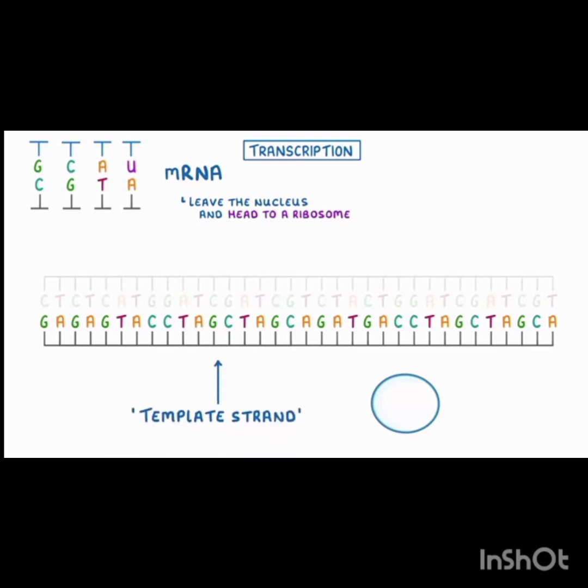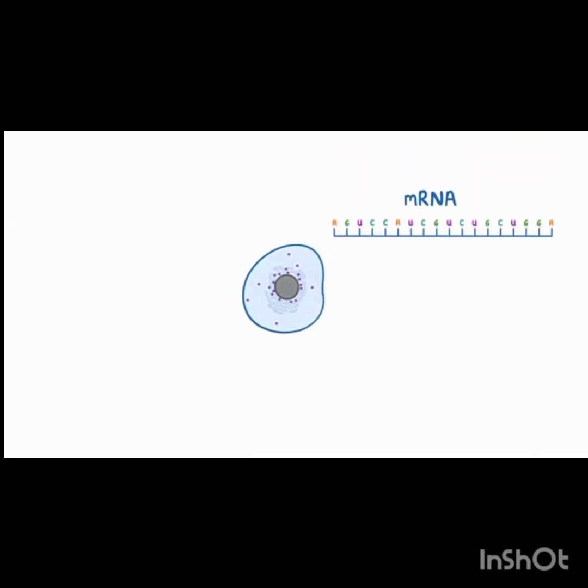The piece of information on mRNA is also called the template strand. Now this mRNA is totally ready to leave the nucleus of the cell for the ribosomes in the cytoplasm of the cell.